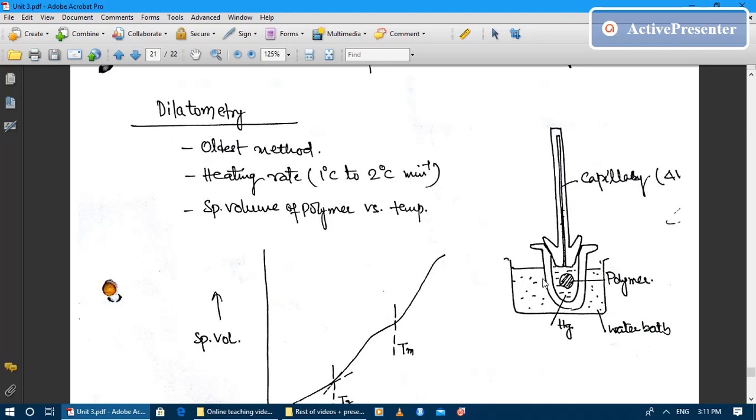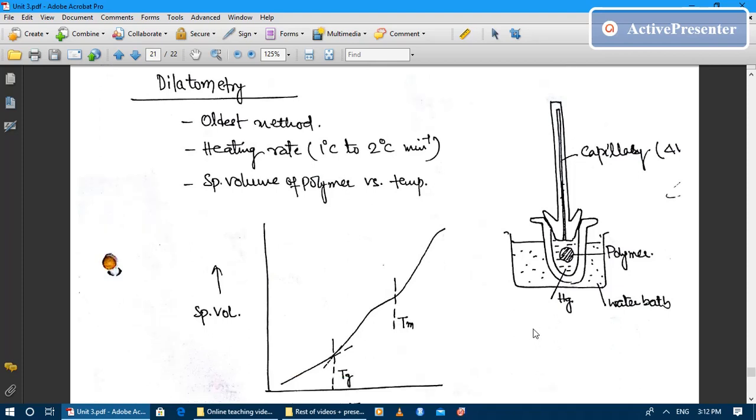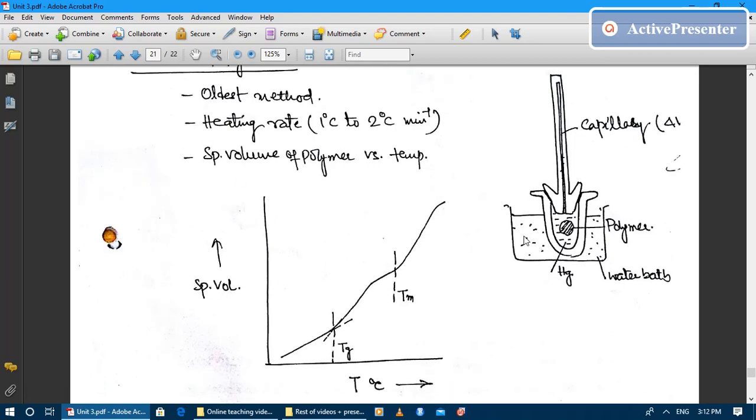This whole setup, which is made purely of glass, can be kept inside a precise temperature controlled water bath, where you can increase the temperature of the water bath at the rate of 1 to 2 degrees centigrade per minute. With respect to temperature, you can measure the specific volume. You can easily measure the temperature of the water bath, and you can measure the value of delta V from the capillary.